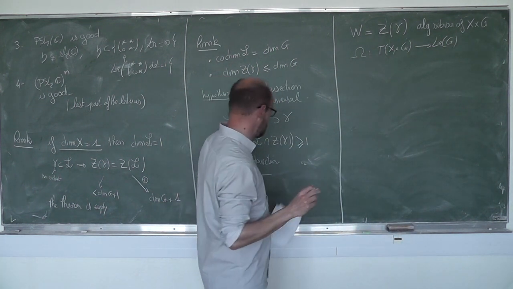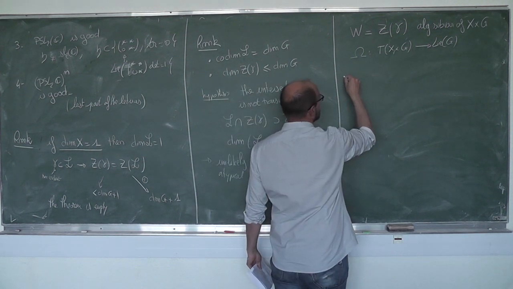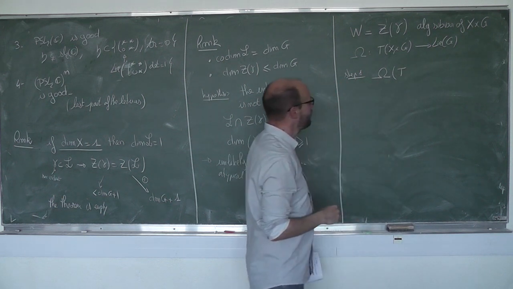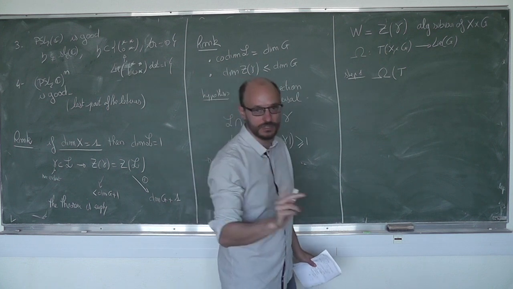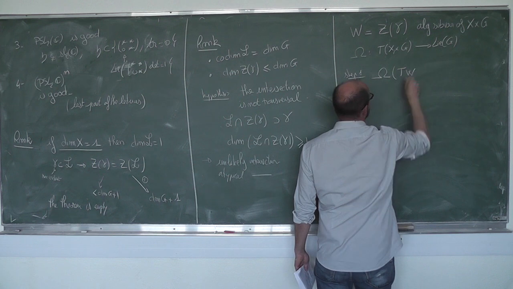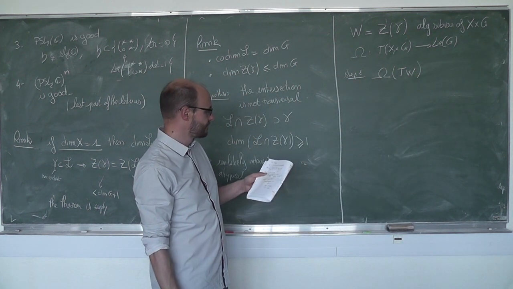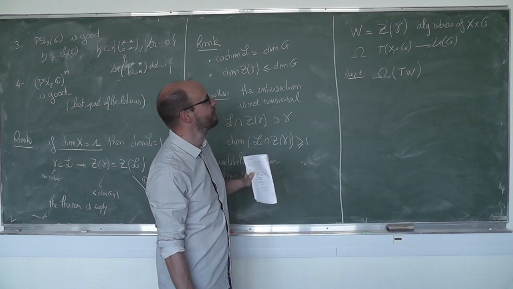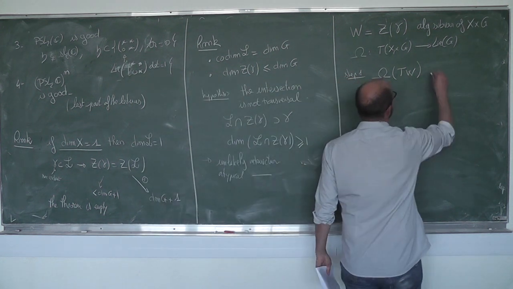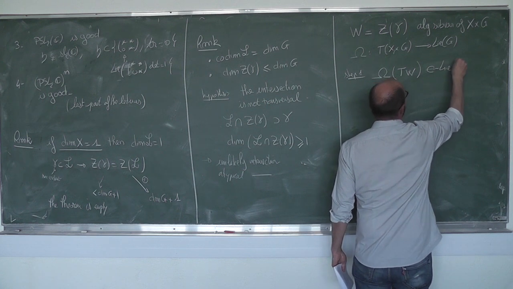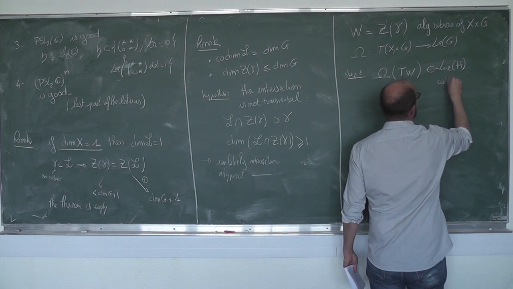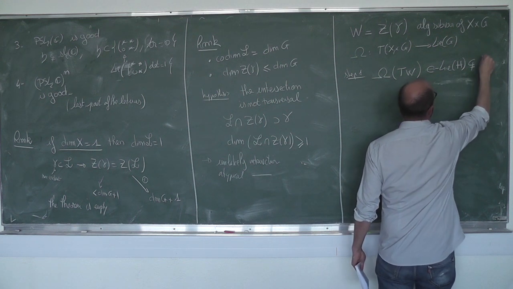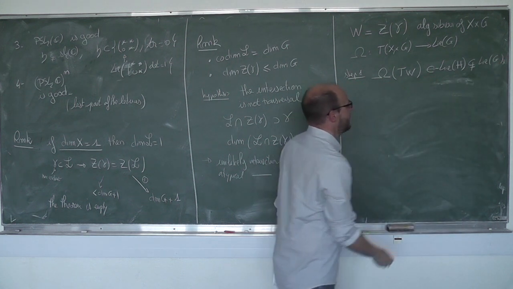And then step 1 is to prove that if you apply omega not to any tangent vector, but to a tangent vector to Z or to W, it will take value in a strict sub-Lie algebra of the Lie algebra of G. So this will in fact be included in the Lie algebra of H, with H different from G, H an algebraic subgroup.